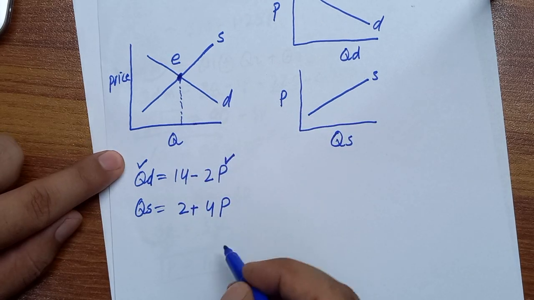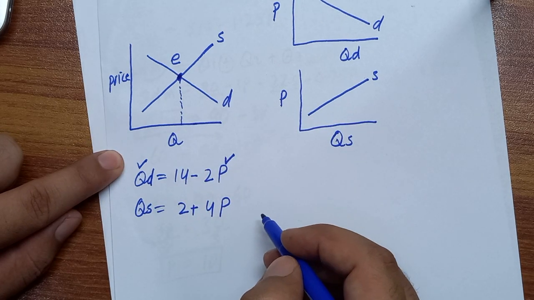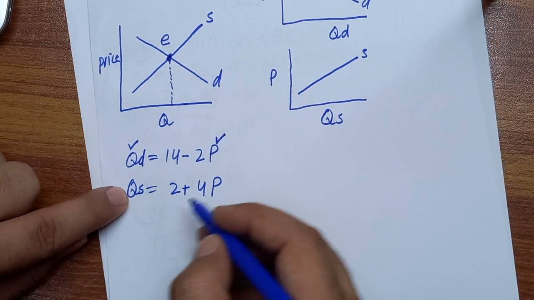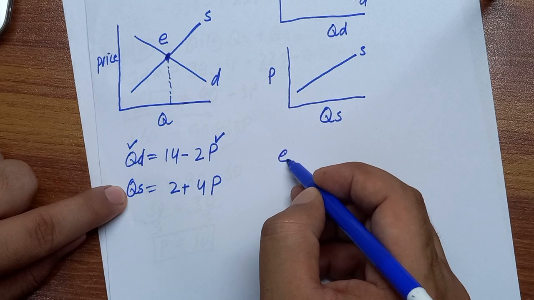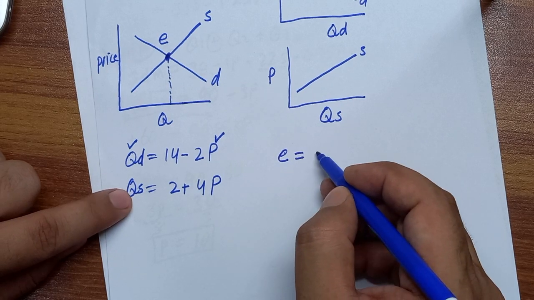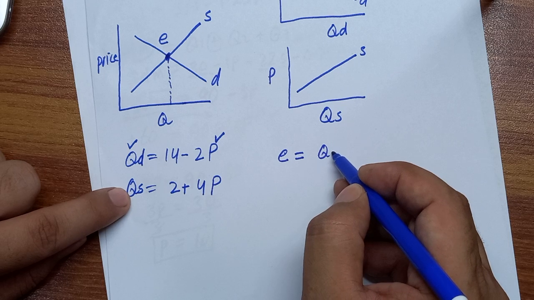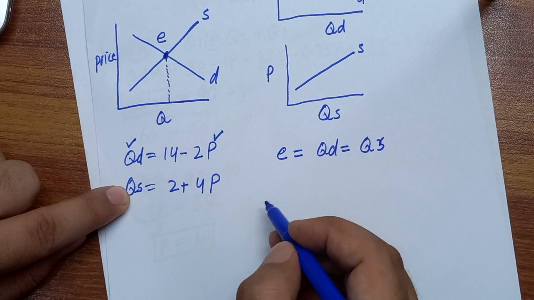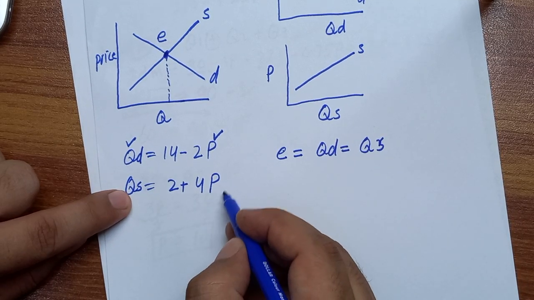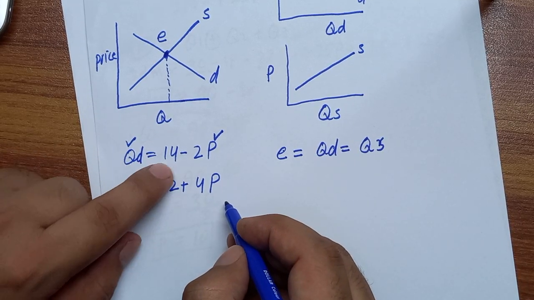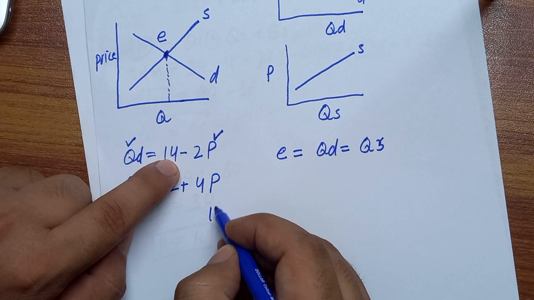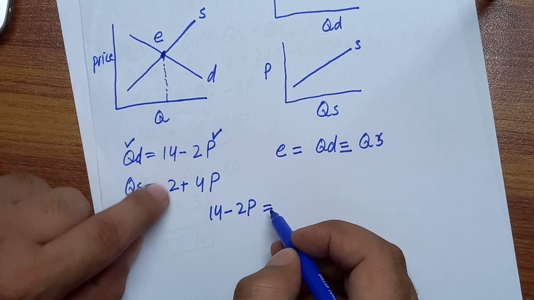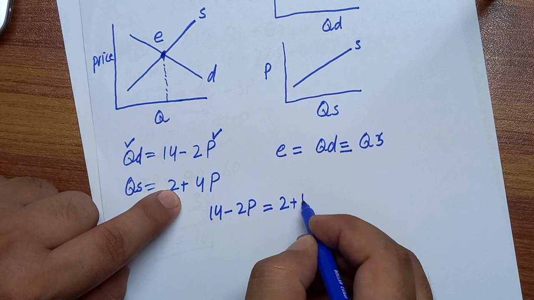We know that at the equilibrium point, the quantity of demand is equal to the quantity of supply. So putting in the values, quantity of demand 14 minus 2P equals 2 plus 4P.